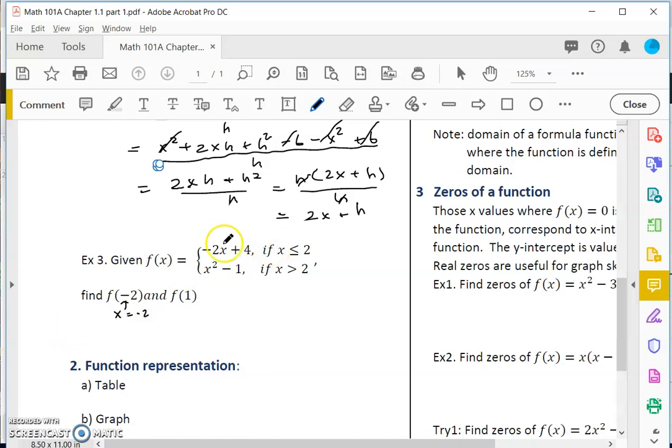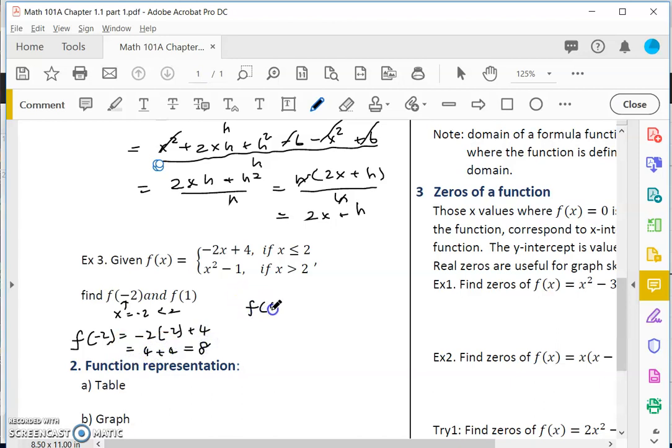Which formula should I use? Obviously, negative 2 is less than 2, so I should pick this one, right? So for f of negative 2, I would use the first formula, which will be negative 2 times negative 2 plus 4. So that means 4 plus 4 equals 8.